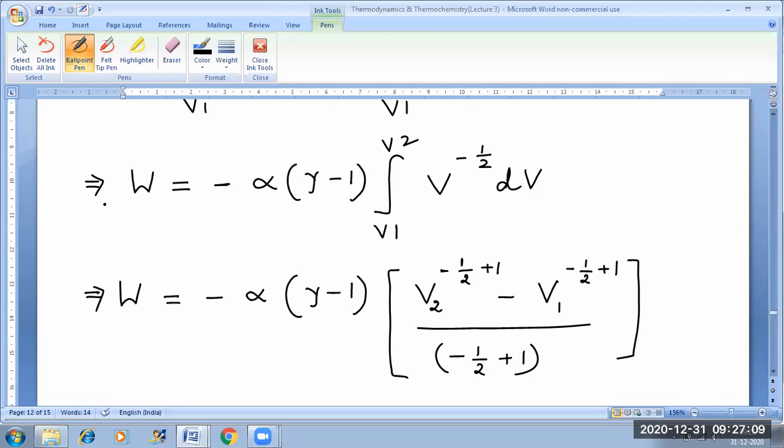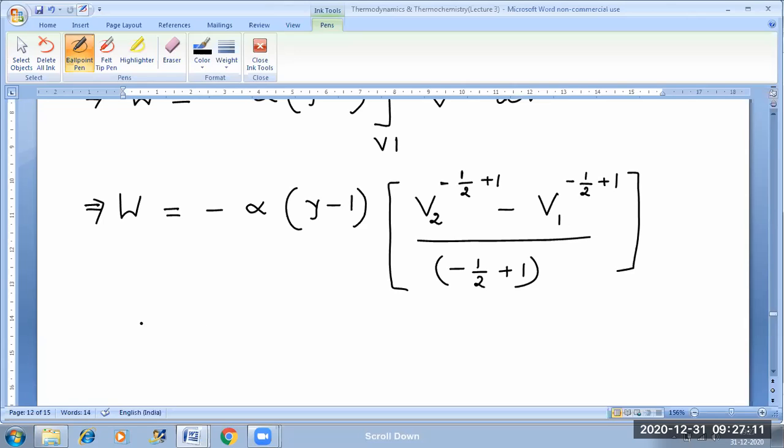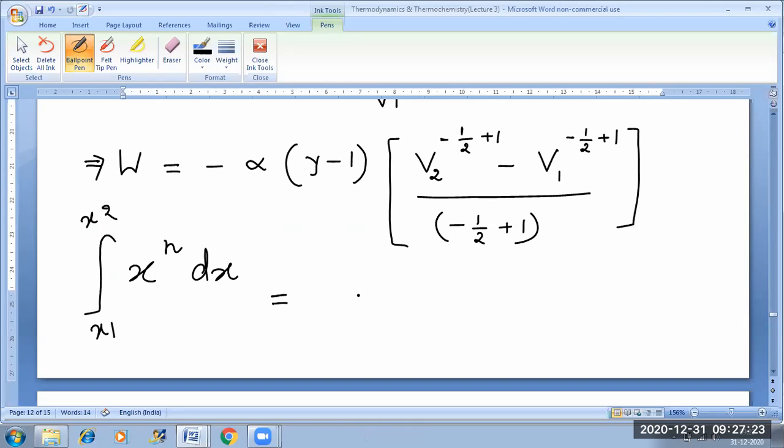How did I get this? We know that if this is the integral, then the value of this is x2 to the power of n plus 1 minus x1 to the power of n plus 1, upon n plus 1.